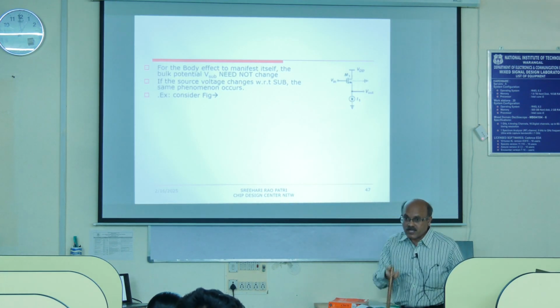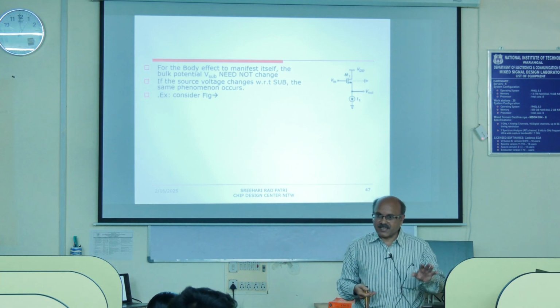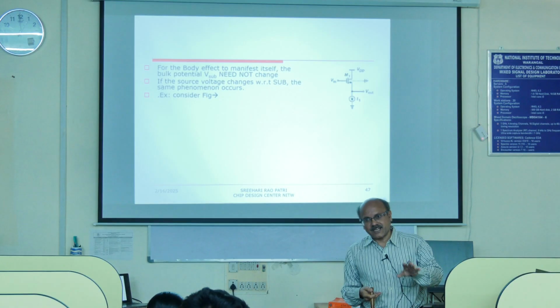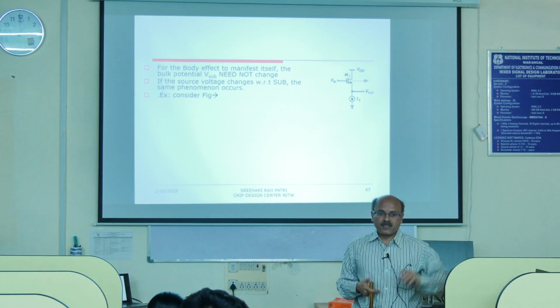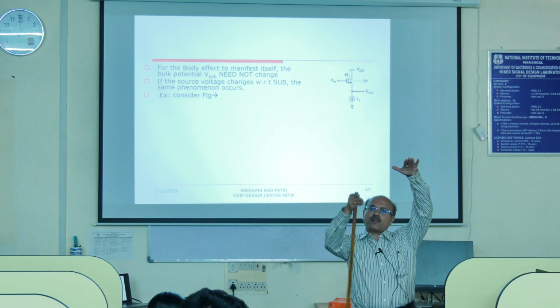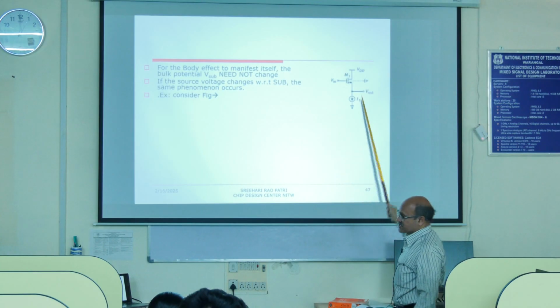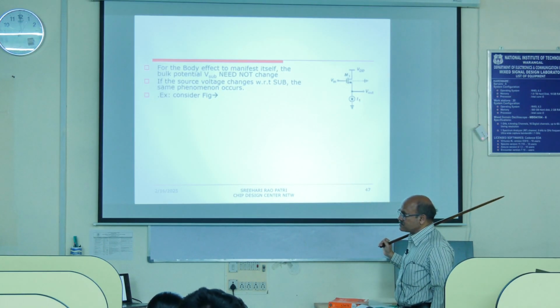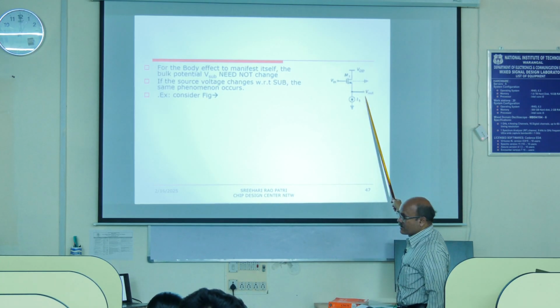Because you are not allowing the current to increase, what does it do? It honors that as Vg increases, current should increase, but it's a function of Vgs. So Vg increases, source voltage also increases, Vgs remains constant, and therefore current remains constant. Am I right or not?